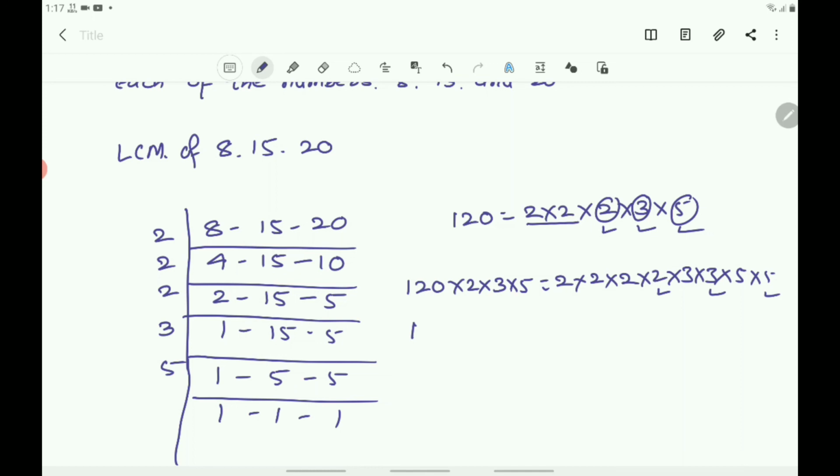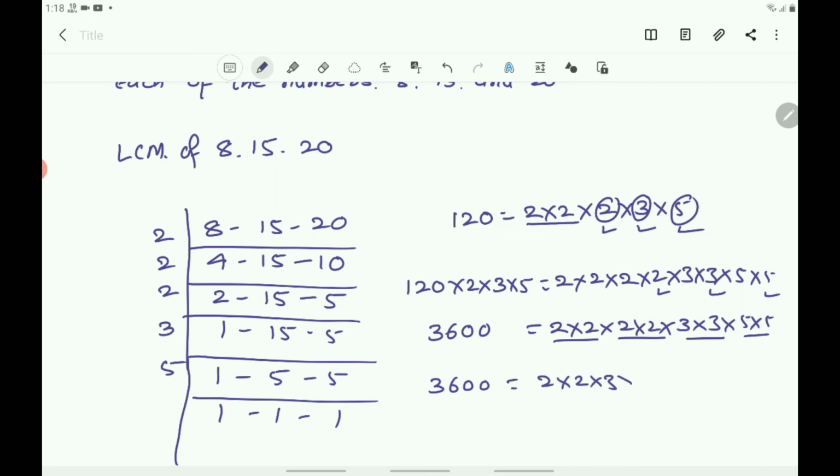So what you got? 3600 equals 2 into 2 into 2 into 2 into 3 into 3 into 5 into 5. Here you got 3600 equals 2 into 2 into 3 into 5 whole square. So 3600 equals 2 into 2 is 4, 4 3s are 12, 12 5s are 60, 60 square.